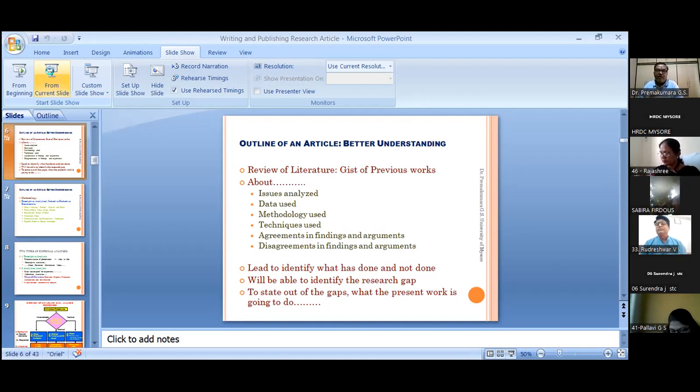So what are the important things in the methodology? As I told, we have to be very careful about the data that we are using. In the sense of data, the scale of data is very important. In a research article, they always see not only where you have taken the data from, but how you have understood the data.